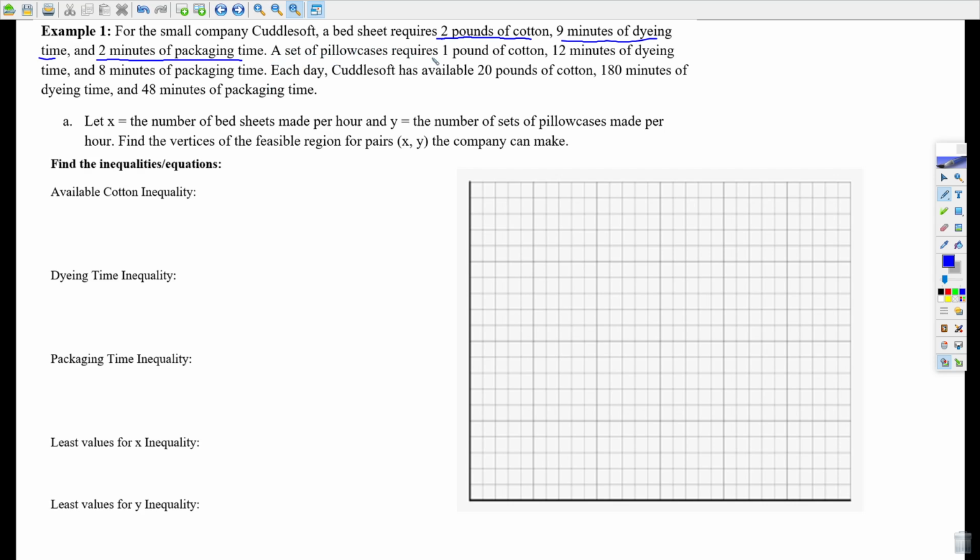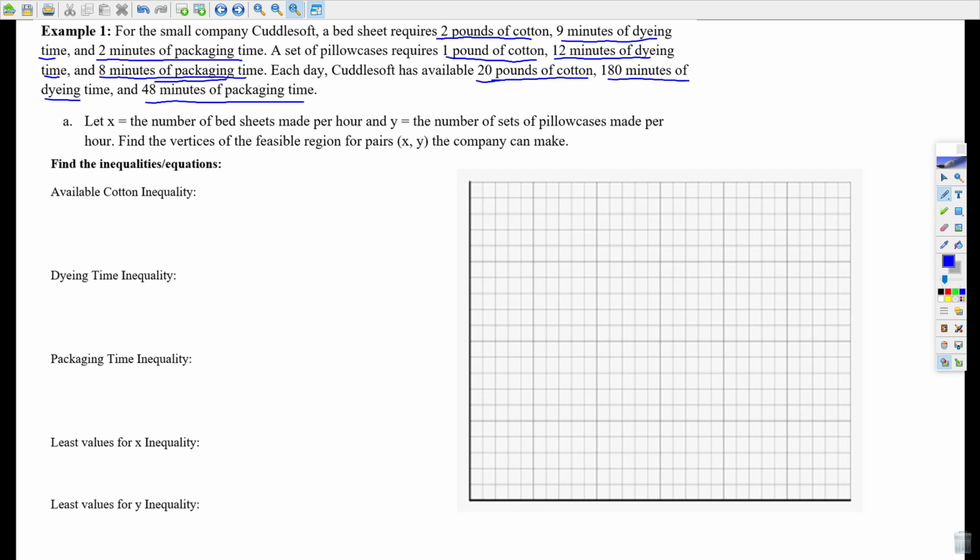A set of pillowcases requires 1 pound of cotton, 12 minutes of dyeing time, and 8 minutes of packaging time. So all that for a pillowcase. Each day, Cuddlesoft has available 20 pounds of cotton, 180 minutes of dyeing time, and 48 minutes of packaging time.